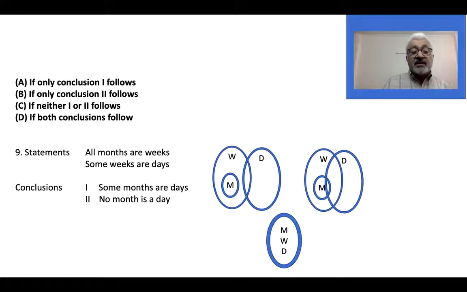And here also some months are days is true, but no month is a day is not true. Therefore, my answer should be C. Because some months are days is not true here, it is only true here. Therefore, my answer is both are not certainly true.